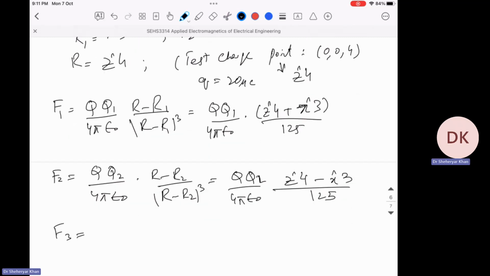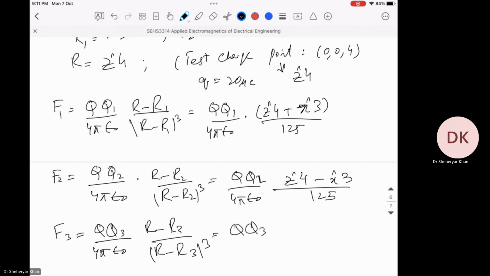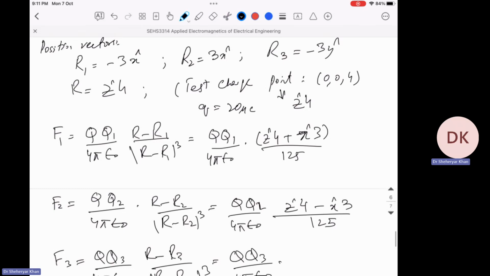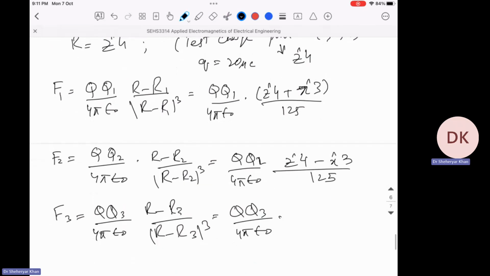Similarly, F3 is R minus R3. So R minus R3 is z4 plus 3y.